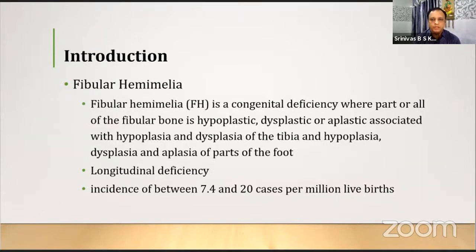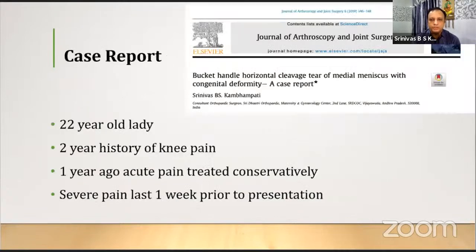Fibular hemimelia is a congenital deficiency where part or all of the fibular bone is hypoplastic, dysplastic, or aplastic, associated with hypoplasia and dysplasia of the tibia and parts of the foot. It is a longitudinal deficiency, and its incidence is between 7.4 and 20 per million live births.